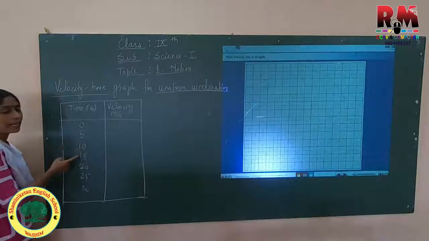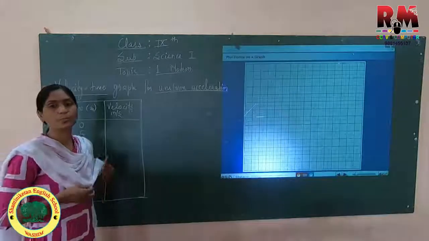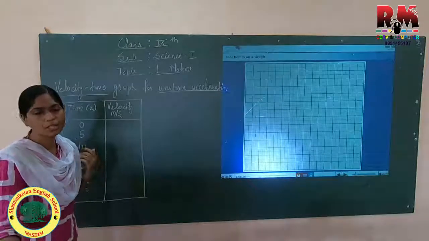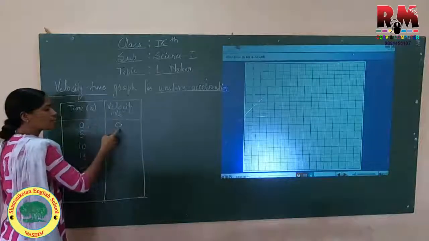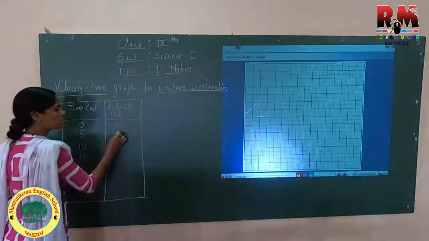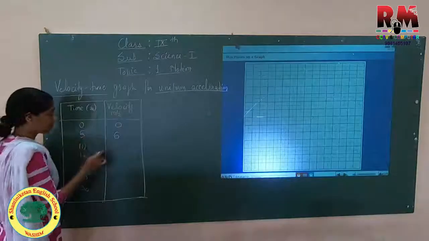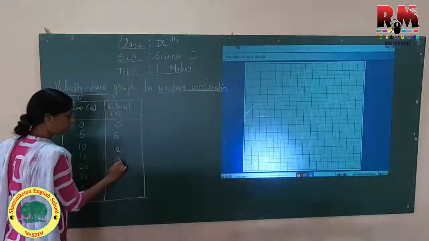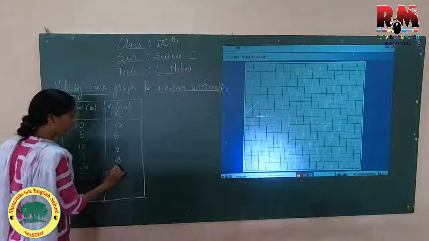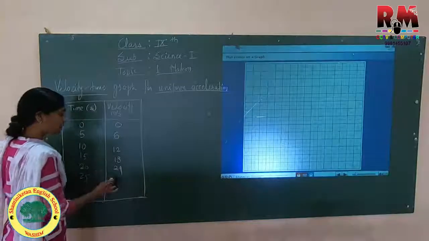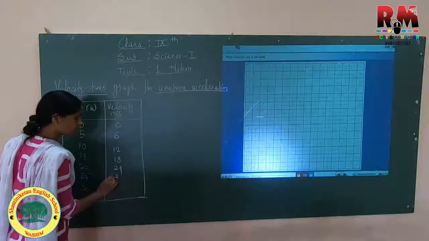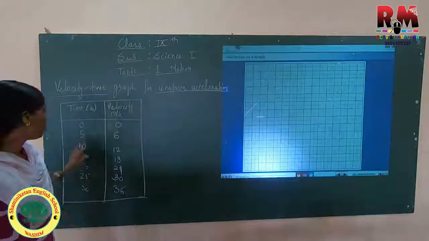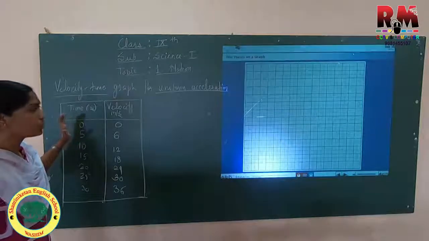After each 5 seconds, we have measured the velocity of a particular object, which comes like this. At 0 time, 0; after 5 seconds, 6 meter per second; then after 5 seconds, 12; after 5 seconds, 18; after 5 seconds, 24; after 5 seconds, it becomes 30; and after 5 seconds, it becomes 36.